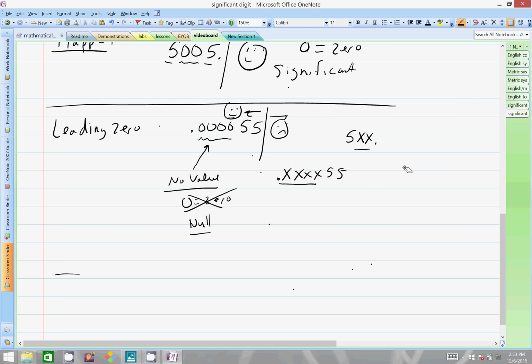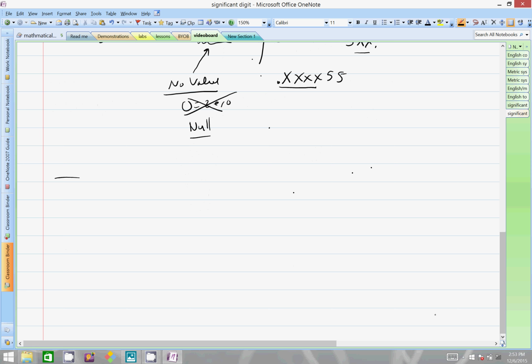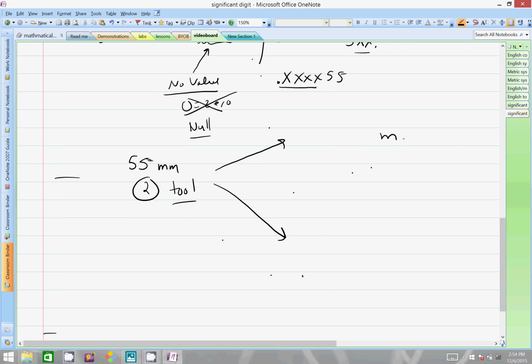Now, one mathematical example of where this might work. If we take 55 millimeters, and I'm going to math them out. This thing only has 2 sig figs, and this number is measured by some tool. So let's convert this number mathematically with a calculator to meters and micrometers.